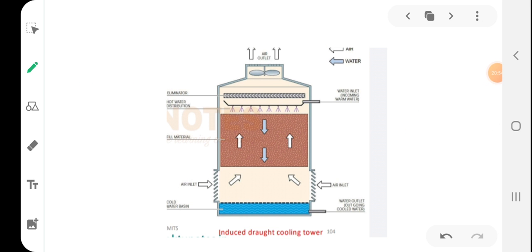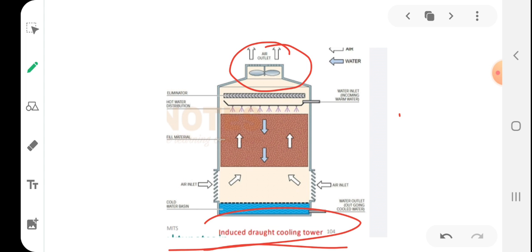So this is an induced draught cooling tower. What is the difference here? You can see that a fan is mounted on the top of this tower. Such a cooling tower is known as an induced draught cooling tower, because it pulls the air from the lower portion to the upper portion throughout the tower.